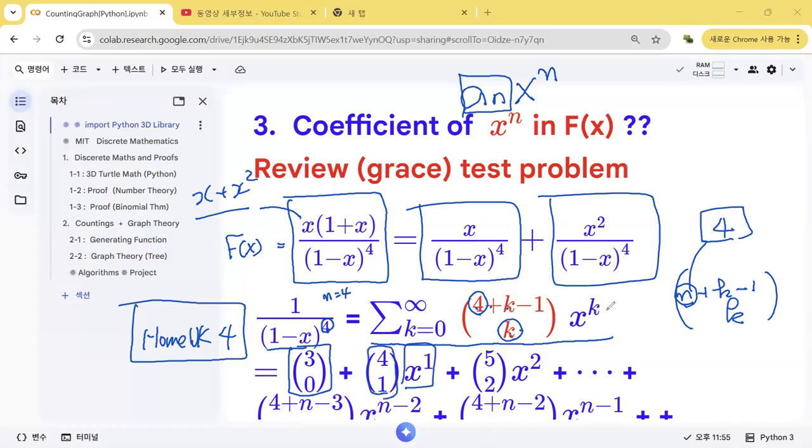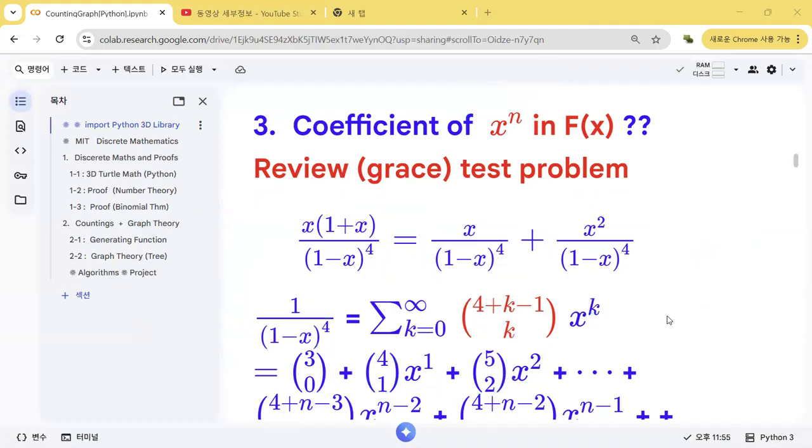When k is 2, it is 4 plus 2 minus 1, so 5 choose 2. In this way, we can get a very concrete power series like this.